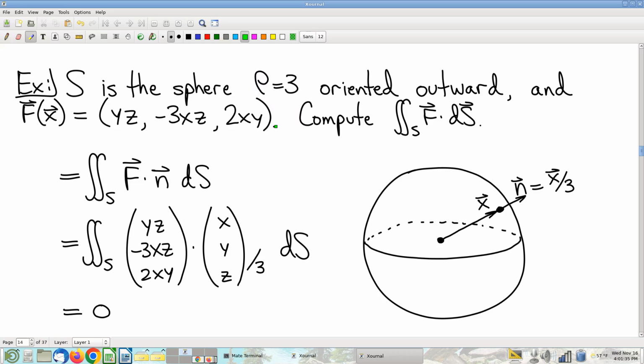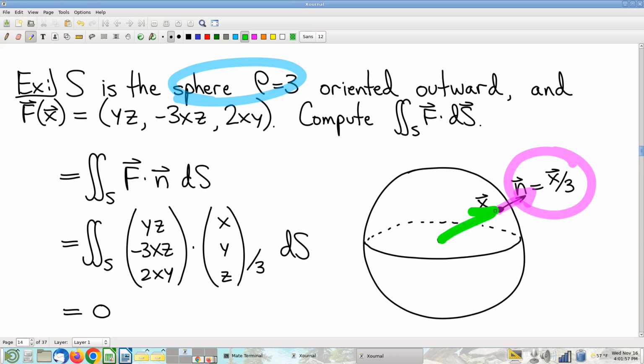So what I'm about to show you is to take advantage of the symmetry. Keep in mind that when you're talking about a sphere centered at the origin, which this is, we've made this observation in a different context previously, the normal vector is always parallel to a radius vector.